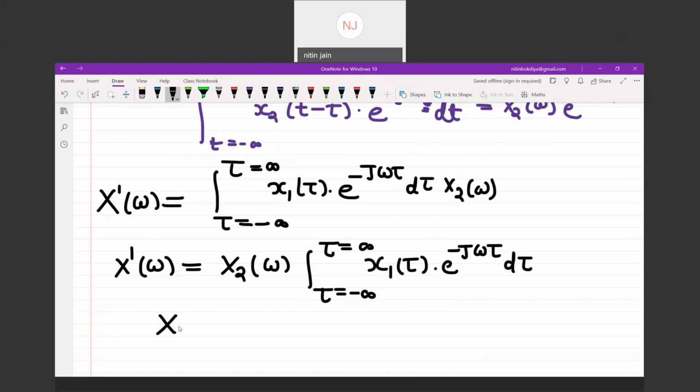So X'(omega) is equivalent to X2(omega) into X1(omega).